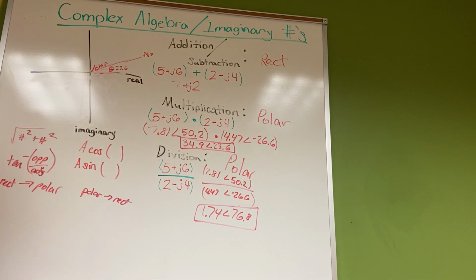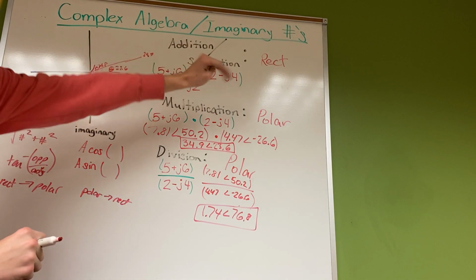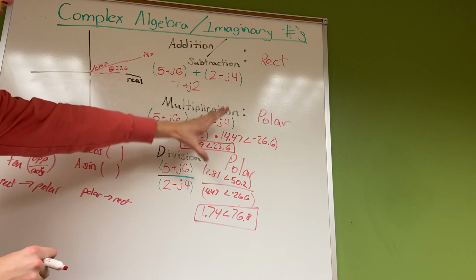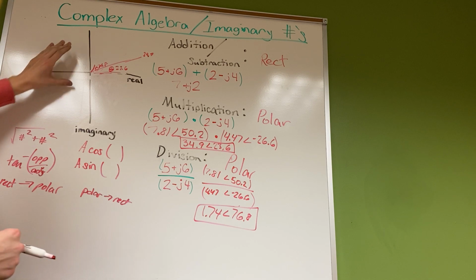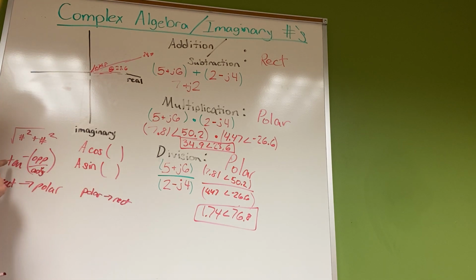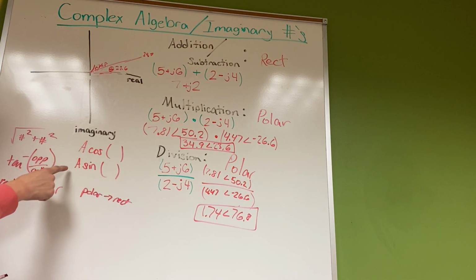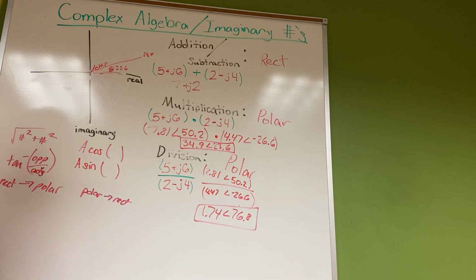Both of those can be shown on there. Once again, big idea: addition is in rectangular, multiplication and division is in polar. To switch between rectangular and polar, you just think about what it looks like on the graph and try to do some trig to it, either tangent inverse or cosine or sine, and that's about it.